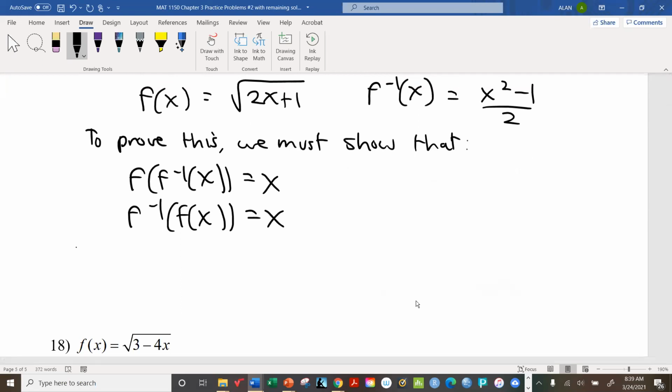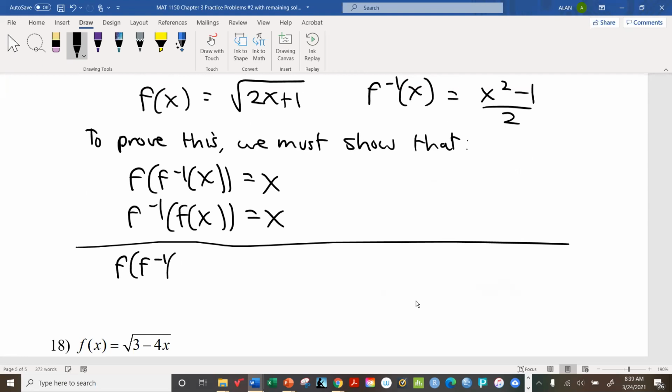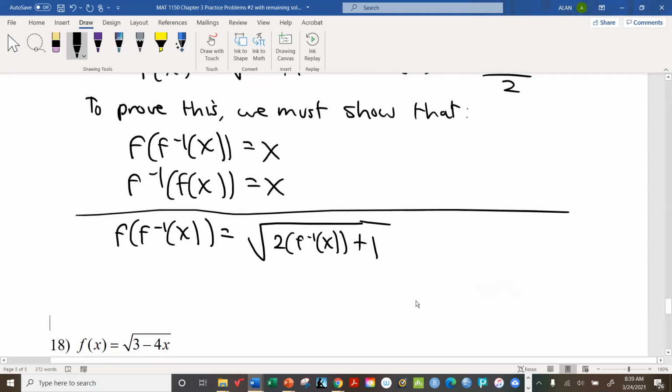So for example, here, f of f inverse of x would be, you start with the original function and all the x's are replaced with the inverse. Okay, so in other words, the original function was square root of 2x plus 1. Wherever you see an x, replace it with f inverse of x, and then the rest is just algebra.